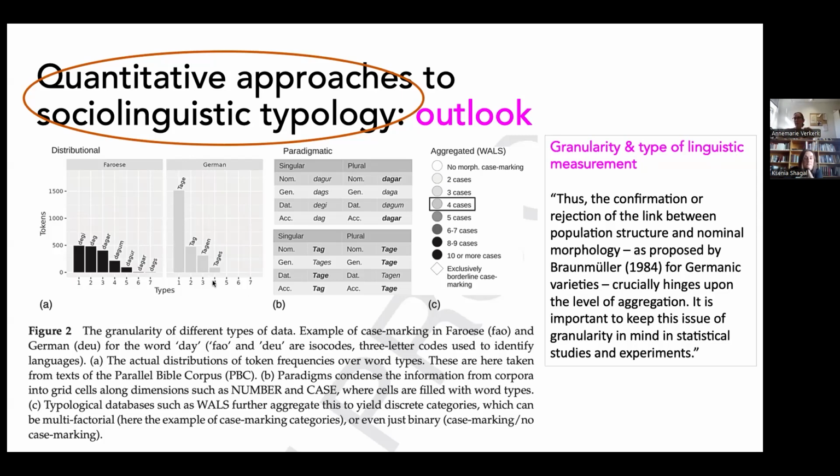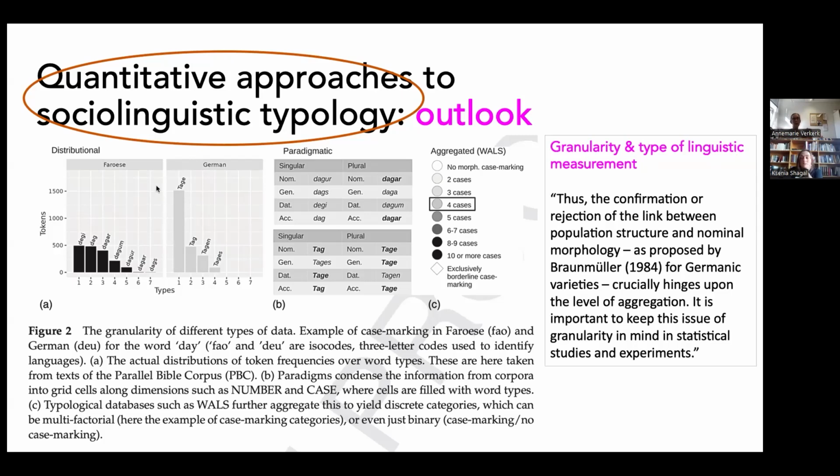And we can look at the number of tokens, and then we have this distributional case marking analysis. We can also look at it from a paradigmatic perspective, and we can see lots of differences between the distributional measurement of case in Varus and German, right?